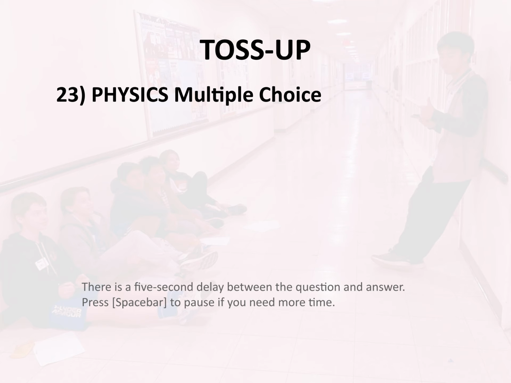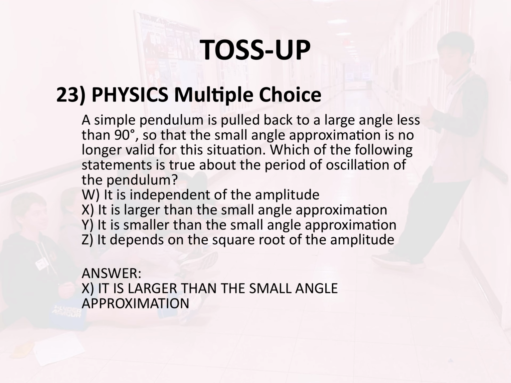W. It is independent of the amplitude, X. It is larger than the small angle approximation, Y. It is smaller than the small angle approximation, Z. It depends on the square root of the amplitude. Answer, X. It is larger than the small angle approximation.